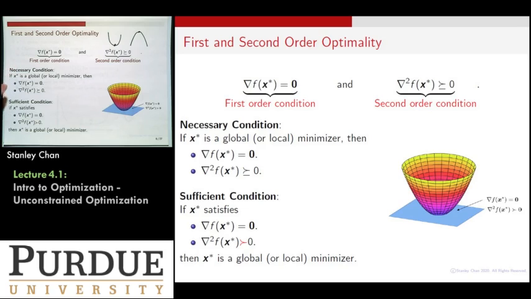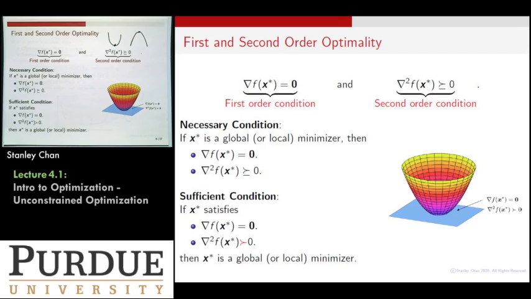One is called the necessary condition. The other one is called the sufficient condition. The necessary condition says that if X star is a global or local minimizer, now the difference between local and global is whether you put a bar around your point or you look at the entire domain. Okay, so X star is a global or local minimizer. Then, if this is true, you will show that the first order condition is satisfied, and the second order condition is satisfied.